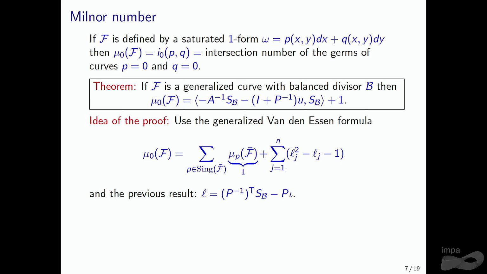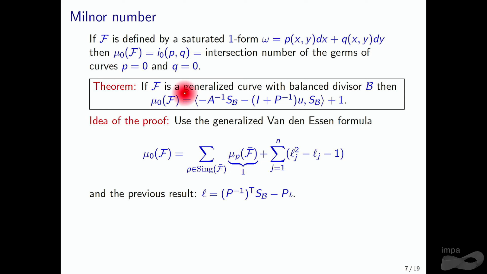And the idea of the proof is to use the generalized Camacho-Sad and Van den Essen formula, that for one blow-up says just that the Milnor number before blow-up is the Milnor number after blow-up at all the singular points that appear, plus this combination that takes into account the discrepancy of the first blow-up. If we iterate this formula, we arrive at the sum of all the Milnor numbers after reduction of singularities that are 1.